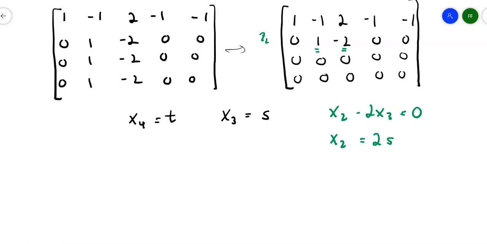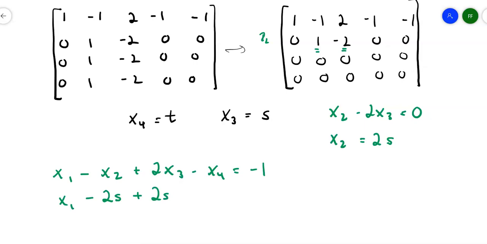And now the top row says x sub 1 minus x sub 2 plus 2x sub 3 minus x sub 4 is equal to -1. Replace everything with something that I've got. So I have nothing for x1, but I know that x sub 2 is 2s, and I know x sub 3 is s, so that's a 2s also. X sub 4 we said was t, and that gives me -1.